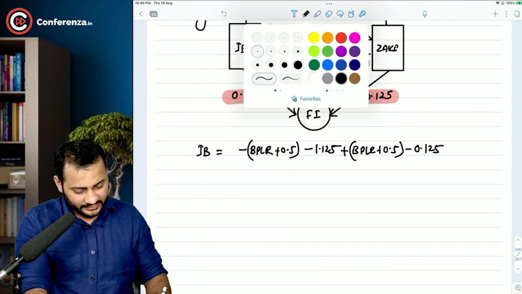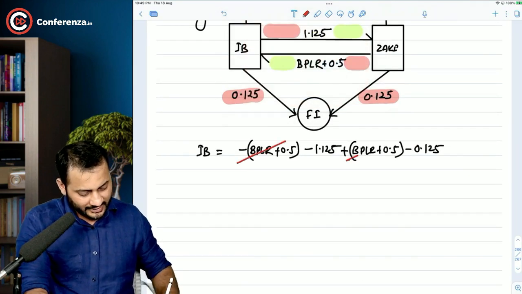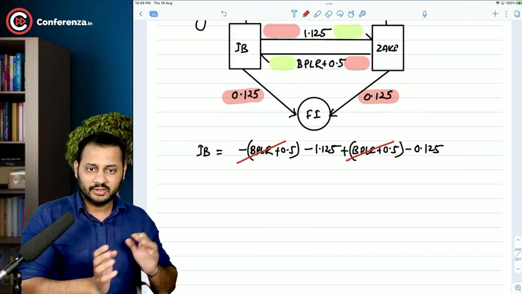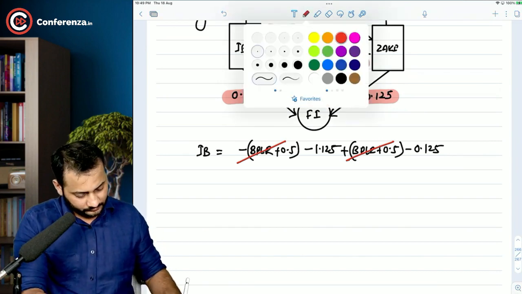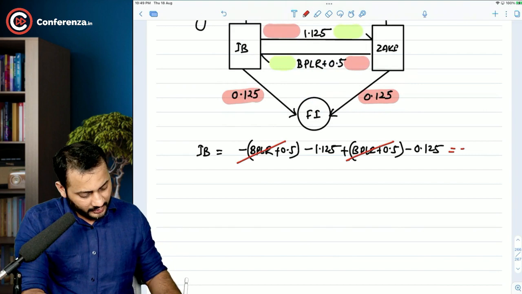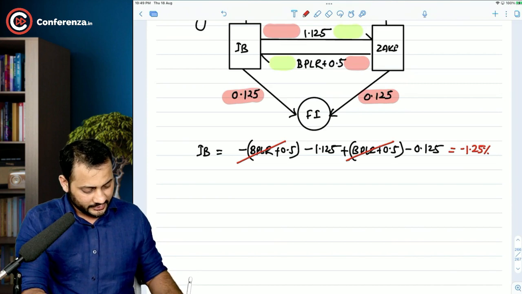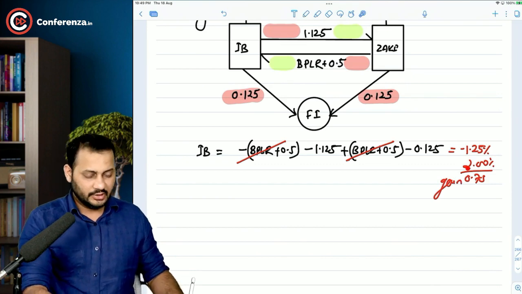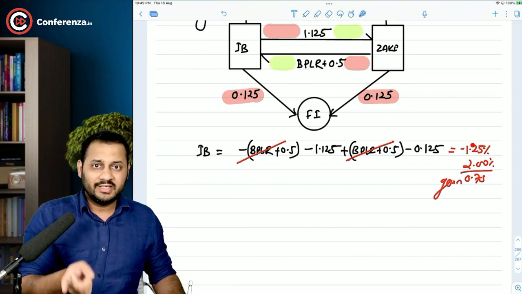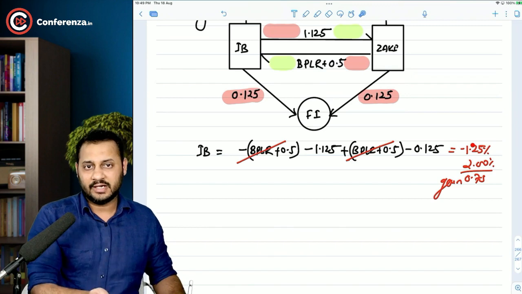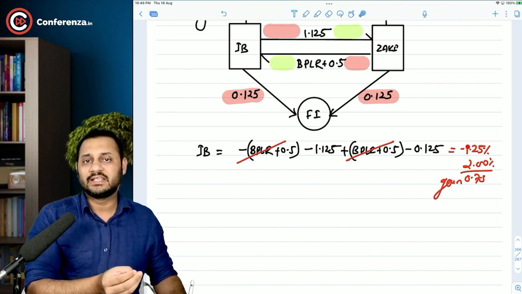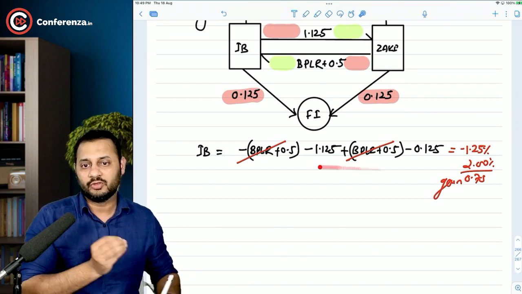So you can clearly see that this outflow is cancelled with this inflow, and the total is minus 1.25%. The direct bank rate was 2%, so I am at a gain of 0.75. The net cost to me is fixed. I wanted that, and it is lower by 0.75%. That's the gain to me, to IB.